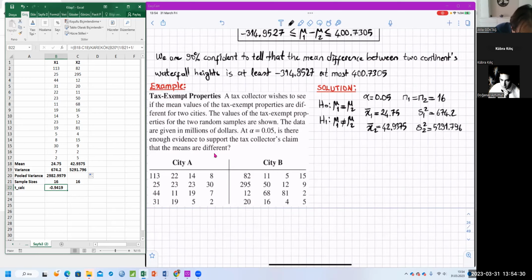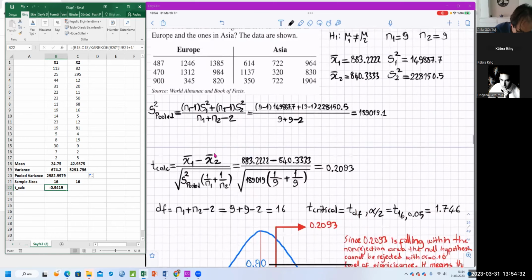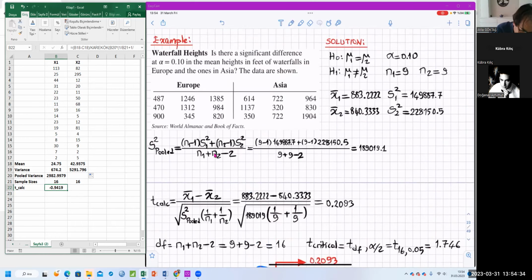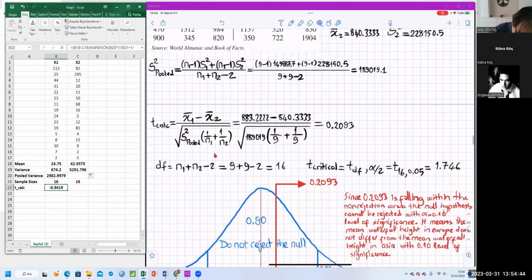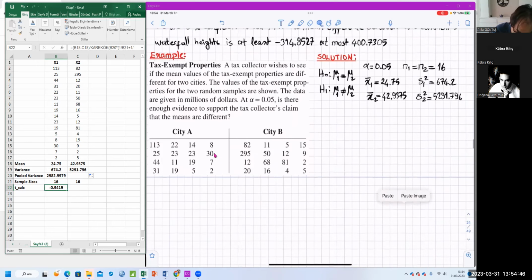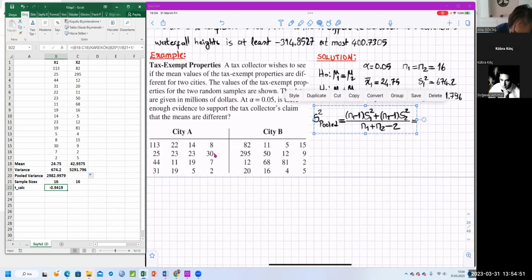I can now get the pooled variance from this formula. I'm going to copy this. Copy. Place it right here. Yeah, that's the pooled variance. Delete the equality.